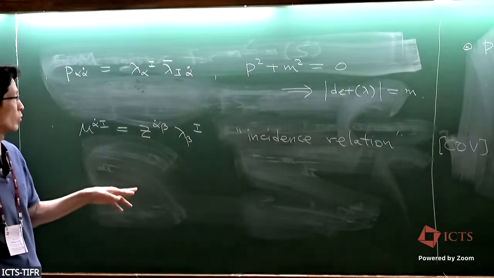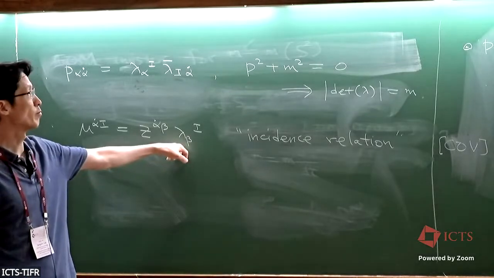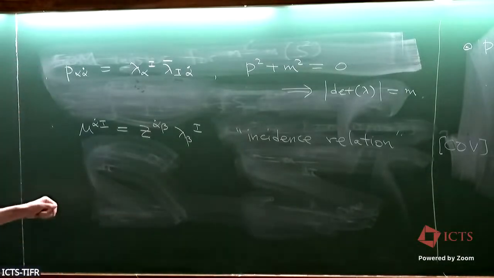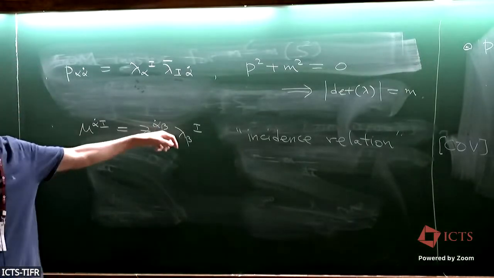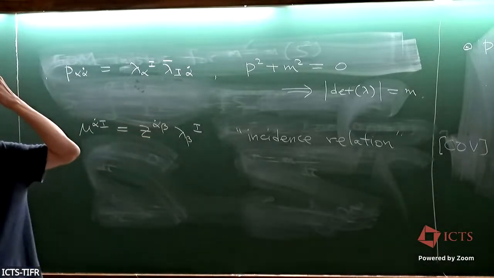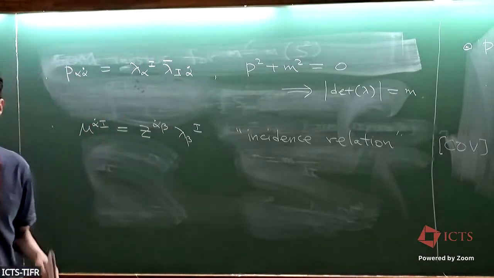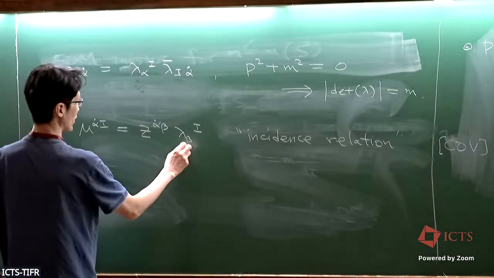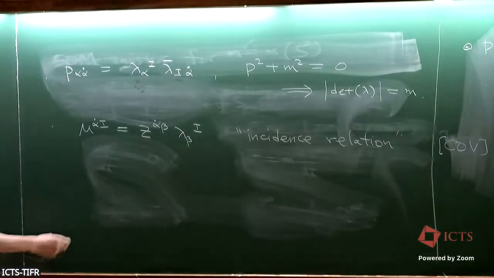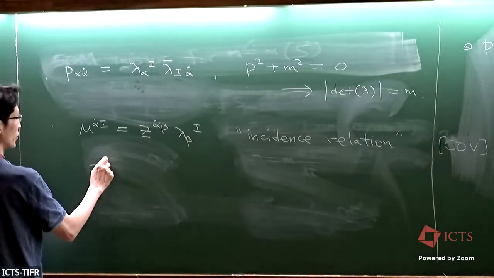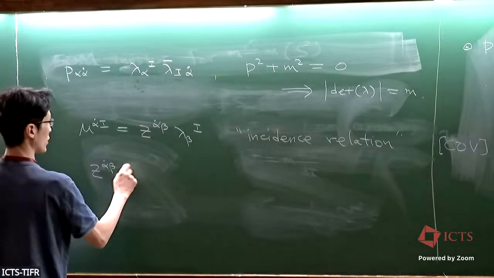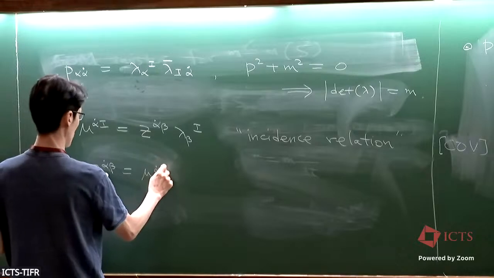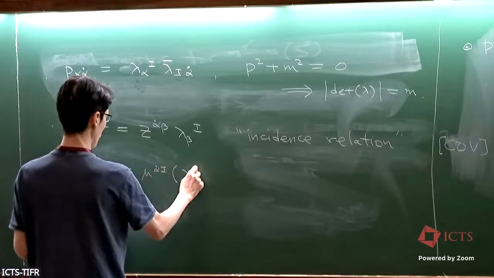Because, you know, lambda contracted with itself vanishes. But now with this doublet index, to be interpreted as the massive little group, we can actually multiply both sides by the inverse matrix of this lambda to uniquely determine this z alpha dot beta, which is mu alpha dot I lambda inverse of I beta.